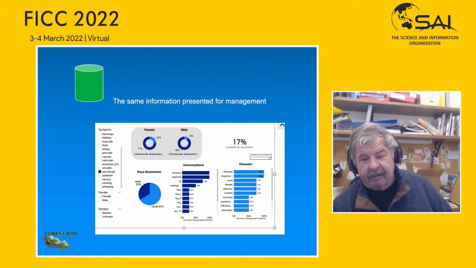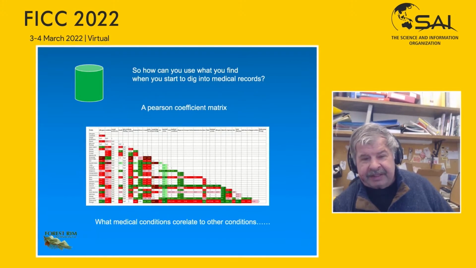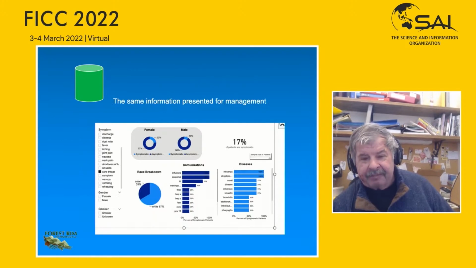So that's one thing. Now, we've taken the same data that we had. Let me show you. We've taken this data here, and this data here is what we call data for the technician and the analyst. This data is the same data, but it is for management to look at. Management doesn't like to look at complex, messy things. Management likes it to be neatly laid out in front of them.